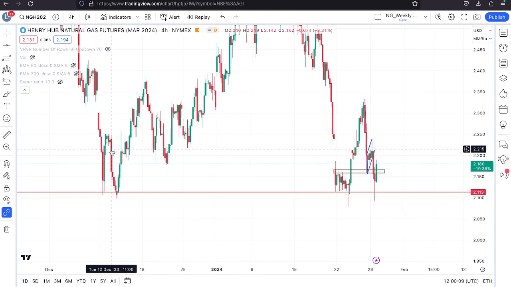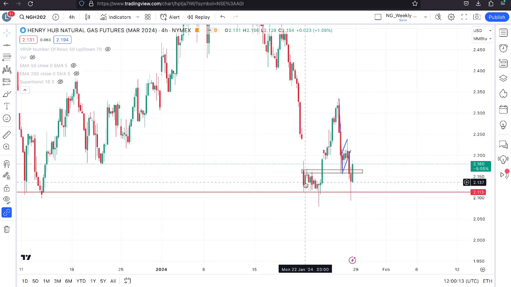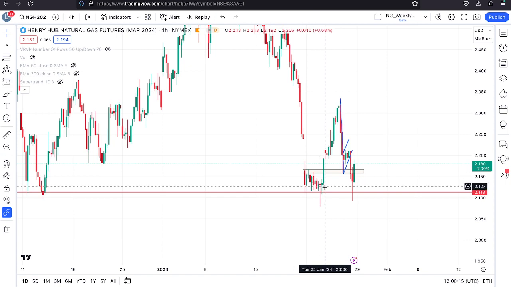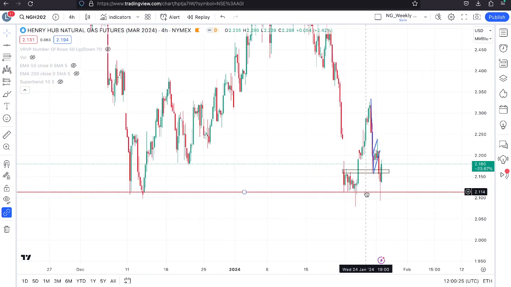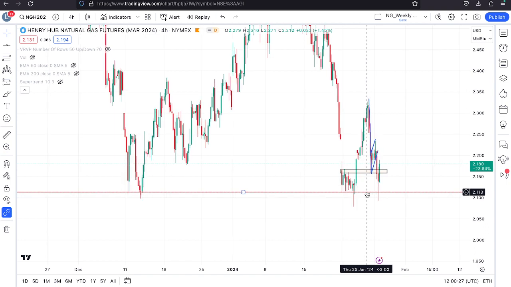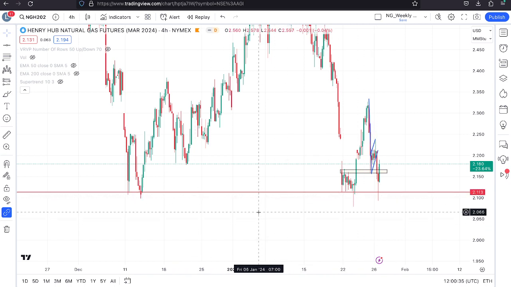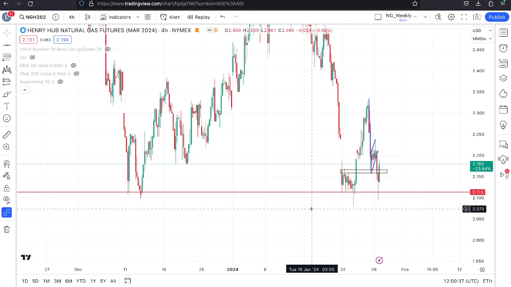Comes here, bounces up, comes here, bounces up, tries to consolidate, tries to go down, bulls take control, straight back up, tries to go down, bulls push it back. So clearly you can see this is a proper support zone. The bulls are just not letting it go down below this price. So clearly a bullish zone or a support zone here.